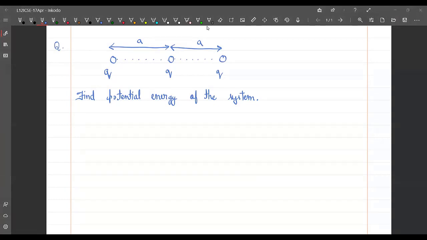Have you got the answer? So there are three charges. That means there are three pairs.